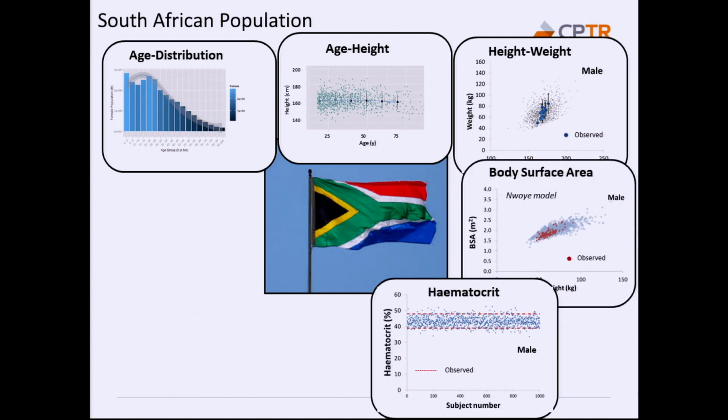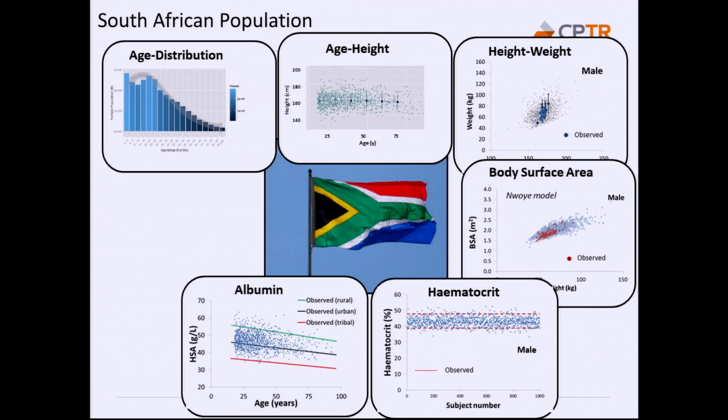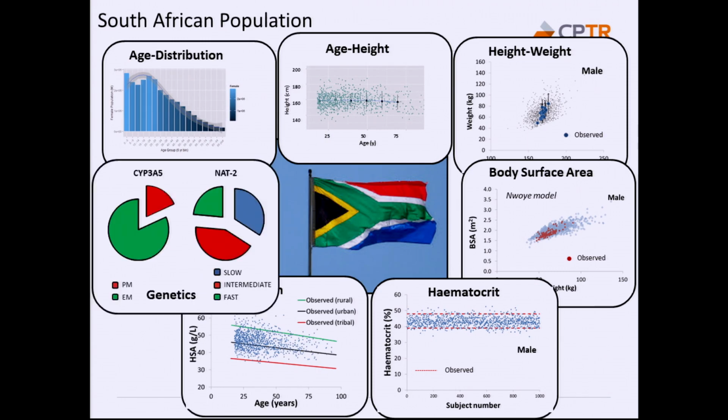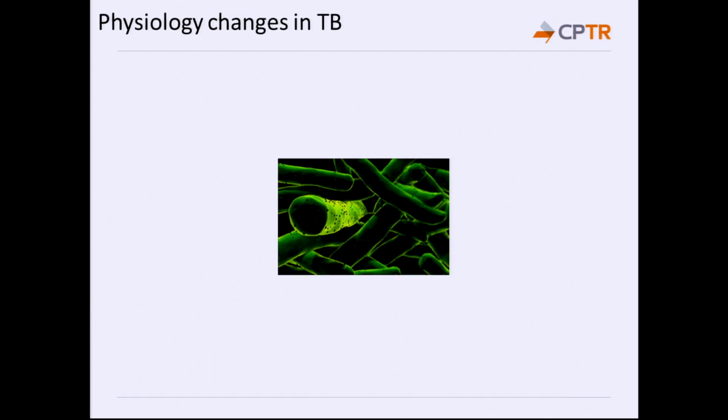The other kind of information we need to be able to parameterize the models: information around hematocrit, the protein binding, and obviously the different makeup of the individuals in terms of the genetics of the enzymes and transporters are important in metabolizing and transporting the drugs. So this is the kind of information that we collect together.